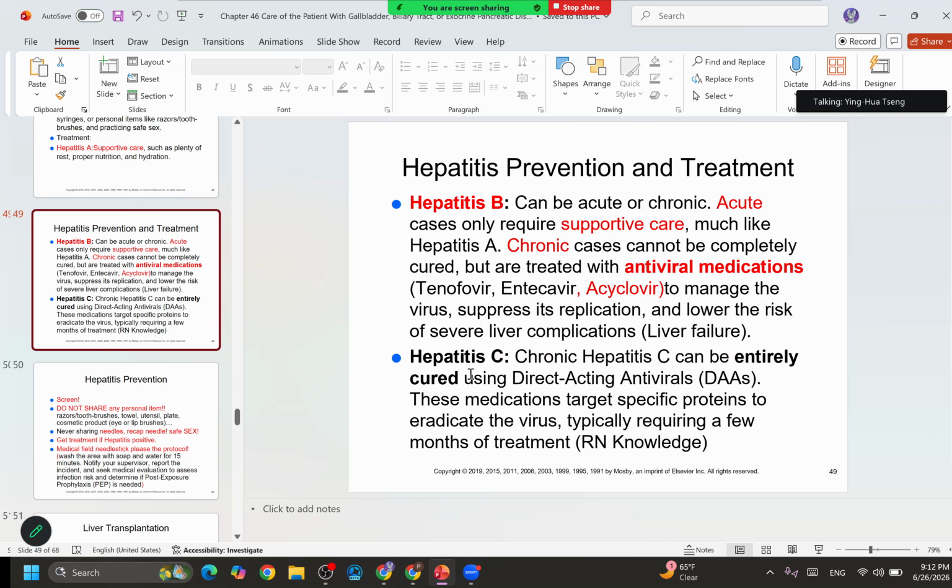It can be treated very well by medication, because some patients cannot be cured, but lots of patients do get cured. That's true, so we don't want to say it's 100%. But this medication is by our knowledge, not for the LVN, because some medication is IV push. So this is the reason. But just remember, for hepatitis C we now have a good medication that can cure it.